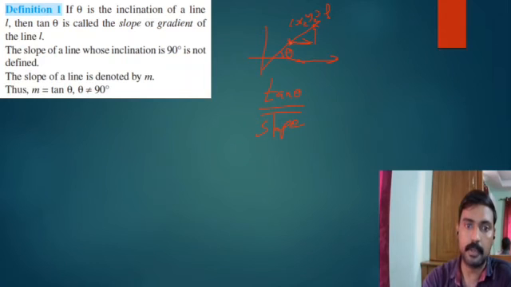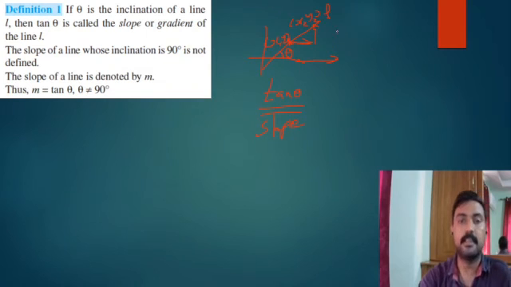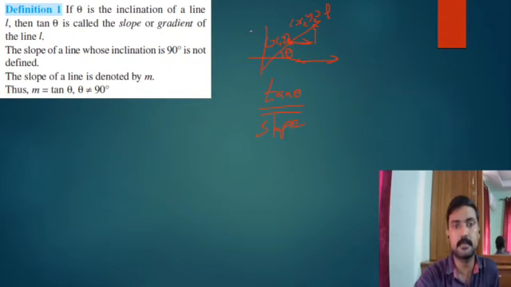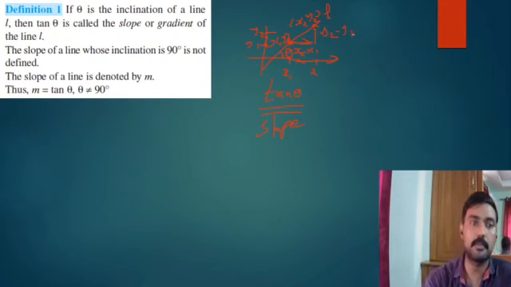Here is the point x1, y1. Then this distance means it will be this height, that means y2 minus y1. Here is y2, here is y1. Corresponding to this, here x1, here it is x2. So this distance will be equal to this gap, x2 minus x1. This is y2 minus y1.